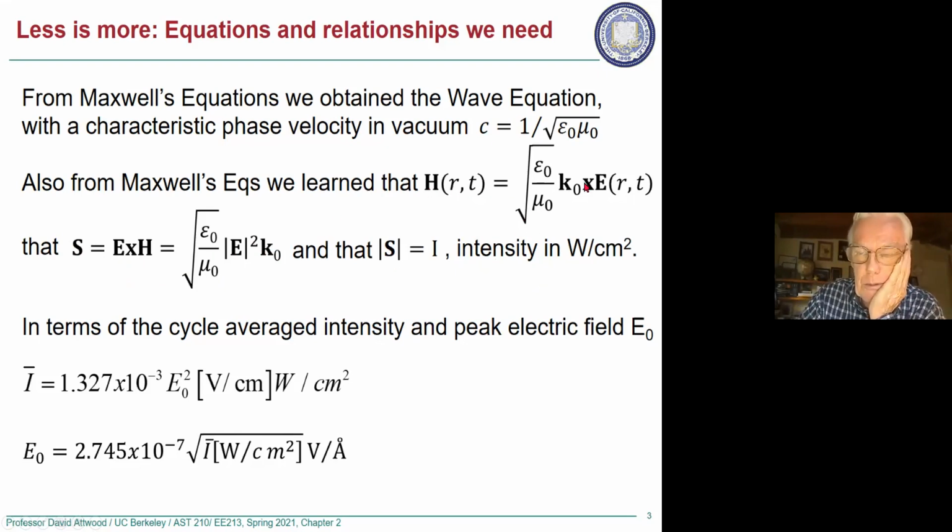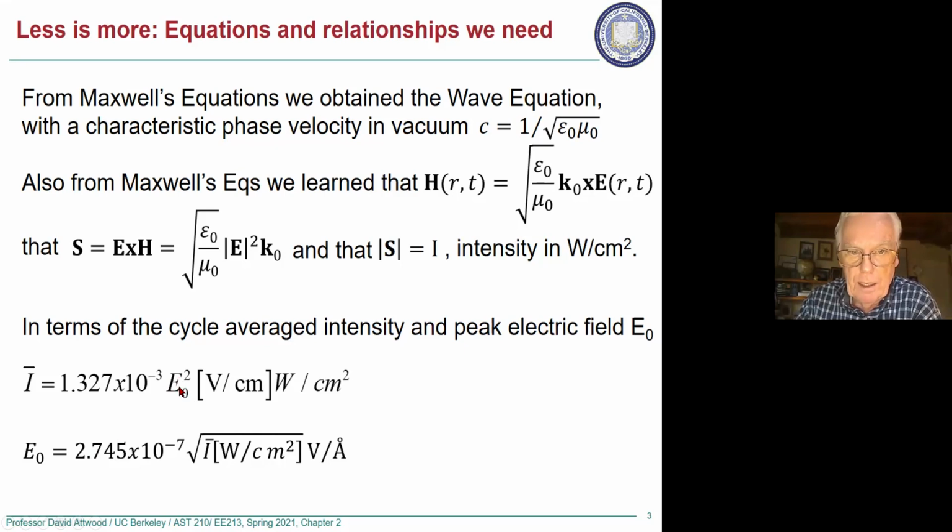We don't use this one so much anymore, but this relationship between intensity and the magnitude of the electric field squared for this transverse wave, that we're going to use over and over and over, okay? Just numerically, the relationship between intensity and electric field is as follows, where E0 means that I've written the electric field as something like E0, a magnitude, cosine omega t. So I'm saying that the wave is propagating with an electric field, something like E0 sine or cosine omega t.